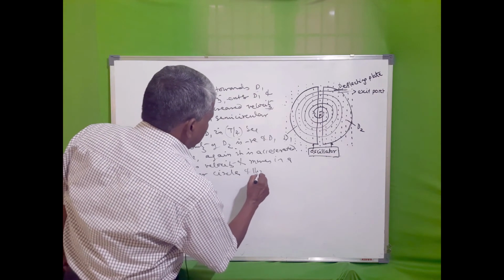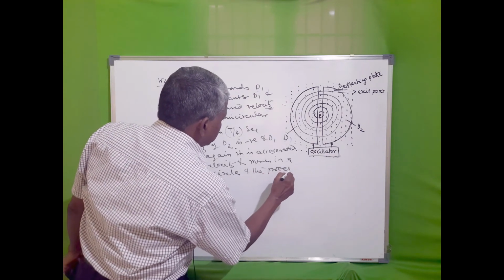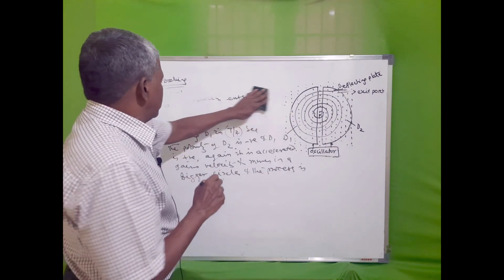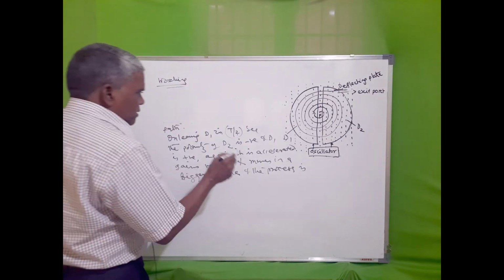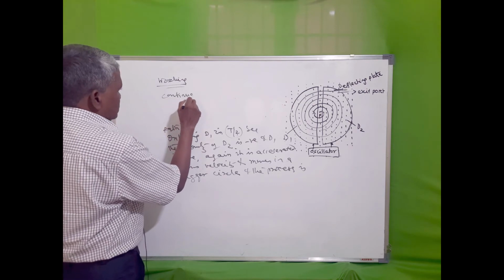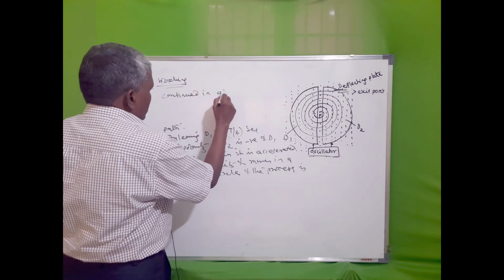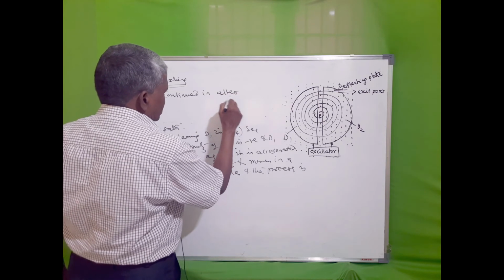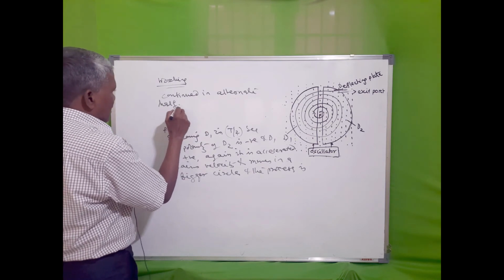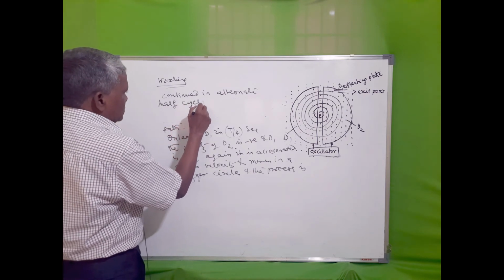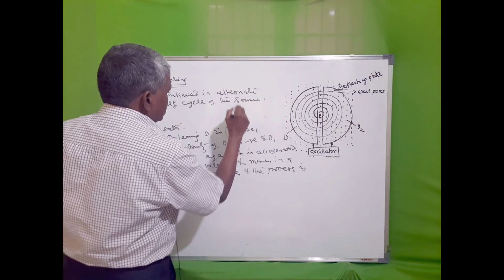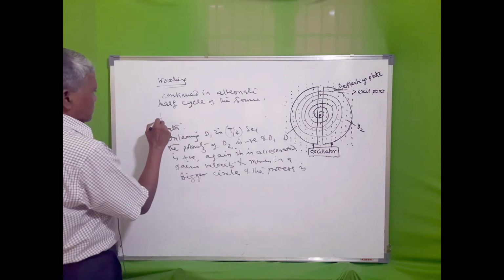The process is continued in every half circle, in alternate half cycle of the source provided by the oscillator.